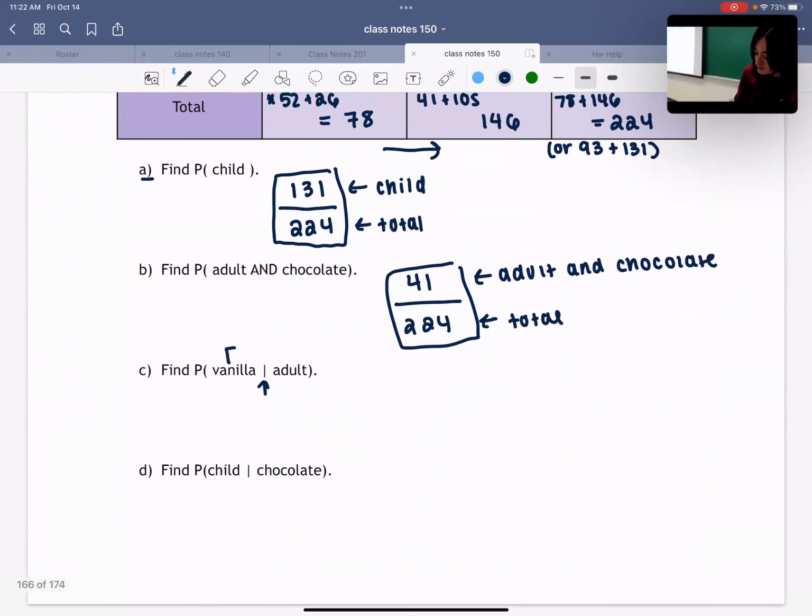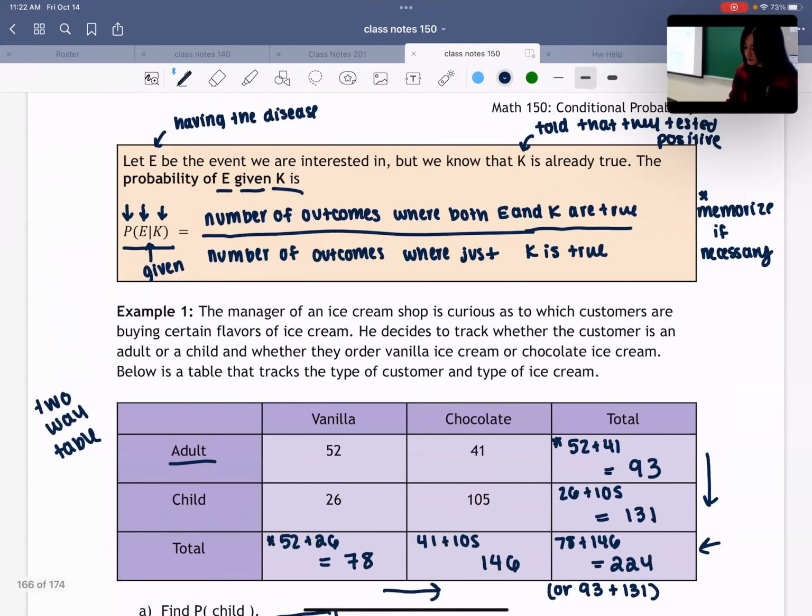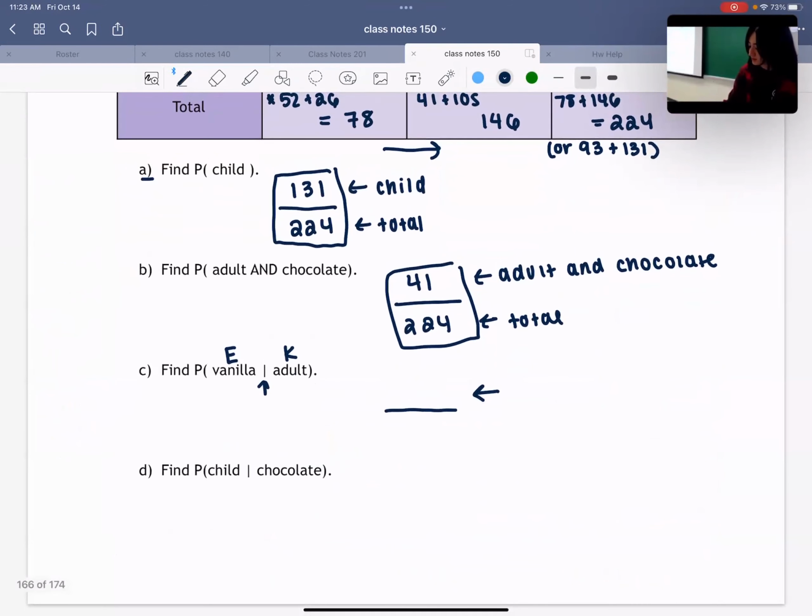So in this case, E is liking vanilla and K is being an adult, right? Up top, we have the number of outcomes where both E and K are true. So on top, I need vanilla and adult, right? And 52 is perfect.